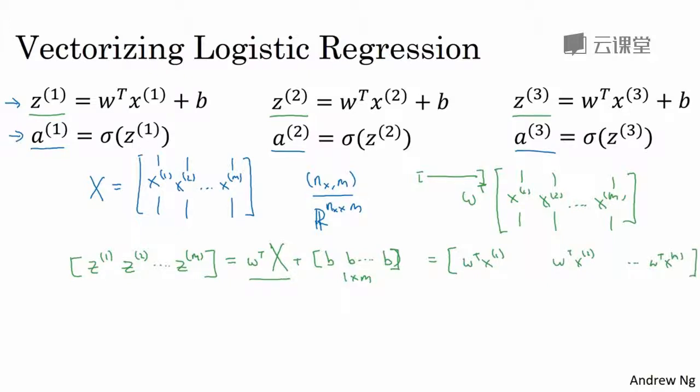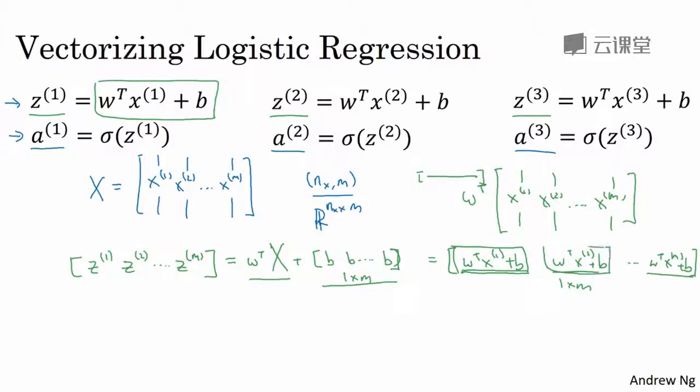And then when you add this second term, [b, b, ..., b], you end up adding b to each element. So you end up with another 1 by m vector, where that's the first element, that's the second element, and so on, and that's the mth element. And if you refer to the definitions above, this first element is exactly the definition of Z1. The second element is exactly the definition of Z2, and so on.